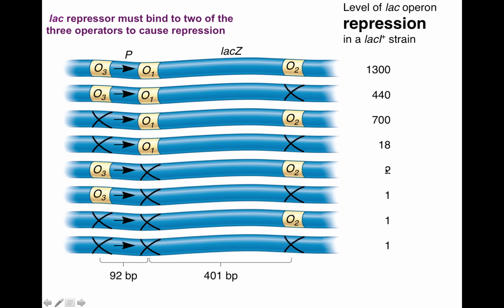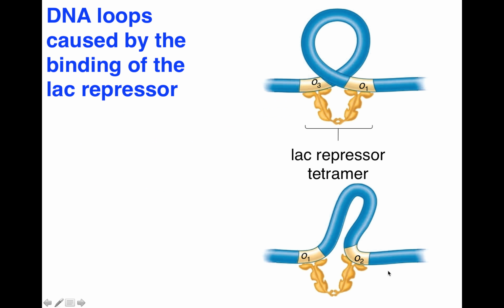It's actually less than if you eliminate these two sites. So clearly O1 is the most important region for the operator. So like I said before, if you bind to two of these sites, O1 and O3, the DNA loops around. If you bind to O1 and O2, the DNA loops around.